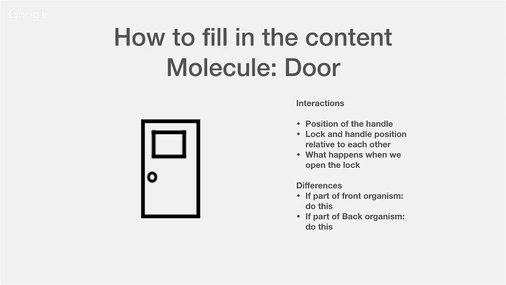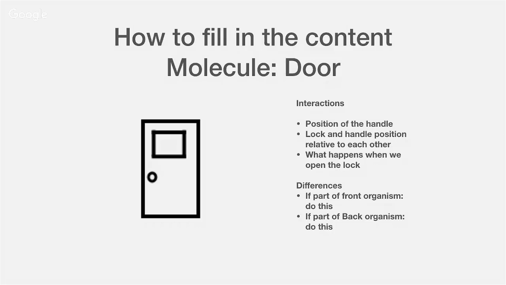If it is part of the back organism, it will interact in another way. That's what we describe here. It's important to also note the differences, because sometimes you would have a door on the back of your house that doesn't work in the correct way as it should.